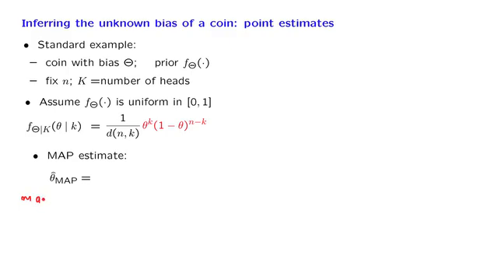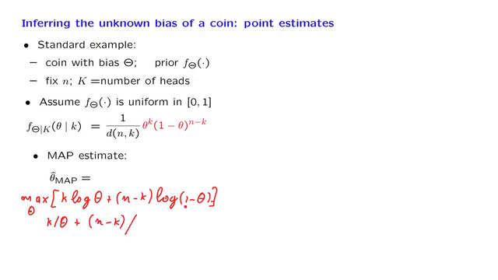Now, instead of maximizing the posterior, it is more convenient in this example to maximize the logarithm of the posterior, and the logarithm is k times log theta plus n minus k times the log of 1 minus theta. To carry out the maximization over theta, we form the derivative with respect to theta and set that derivative to 0. So the derivative of the first term is k over theta, and the derivative of the second term is n minus k over this quantity, 1 minus theta.